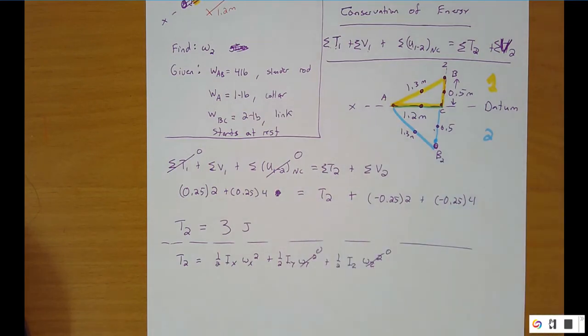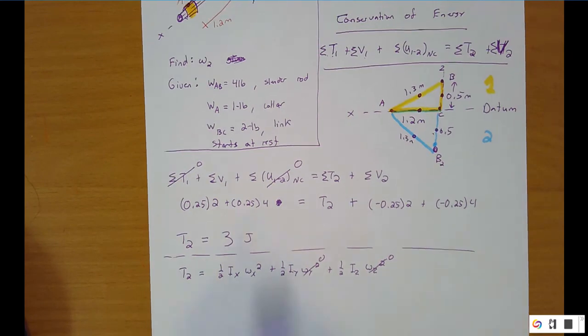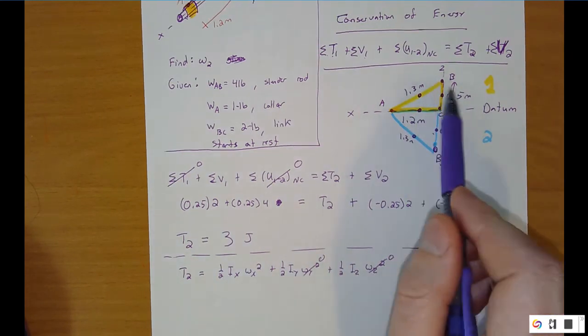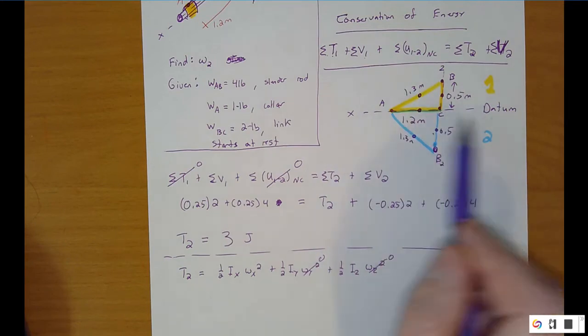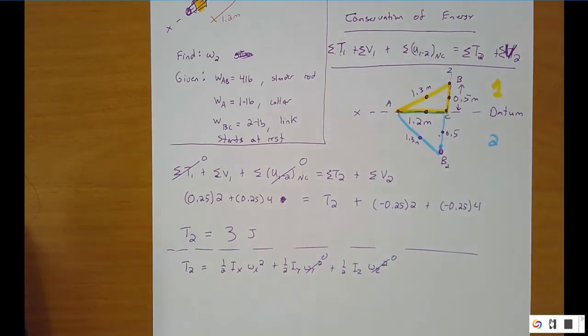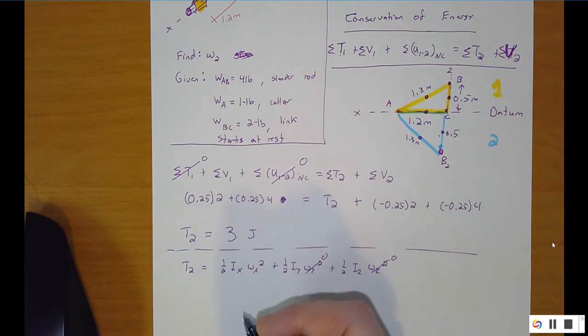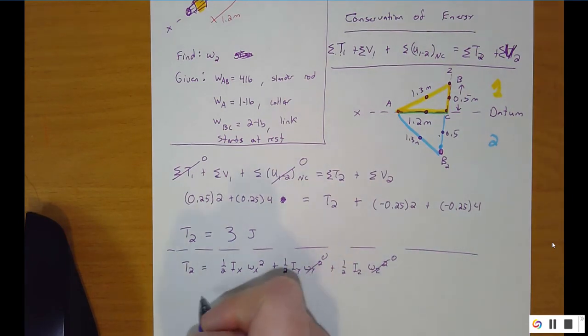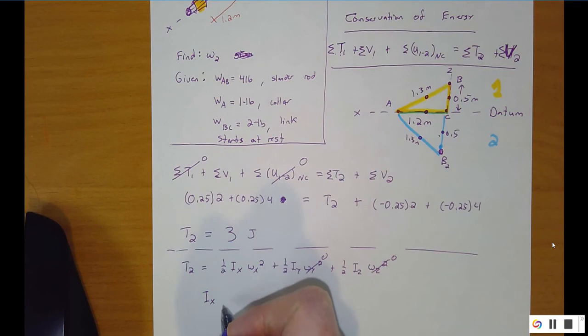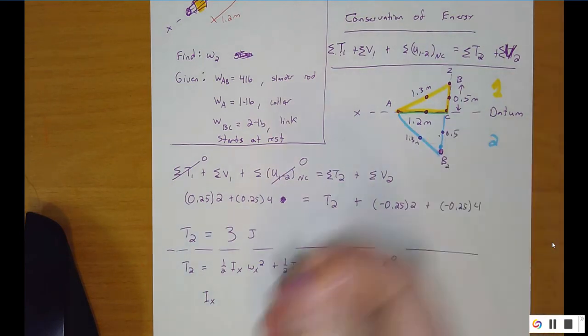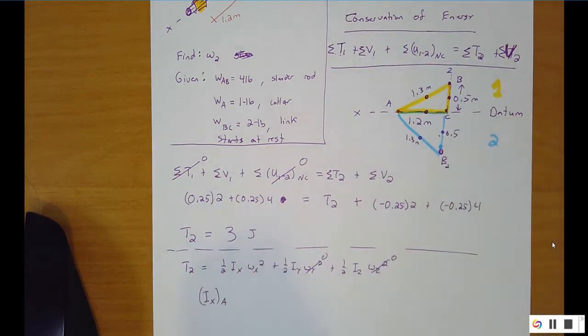And we could try to do what we did last time in example 1, and turn all of this into something about this x-axis. But we don't need to do that for all the pieces, only that bar AB. So let's break our Ix up. Our Ix, again, we can do this about point A just to make it easier, but really it's about anything on this axis.